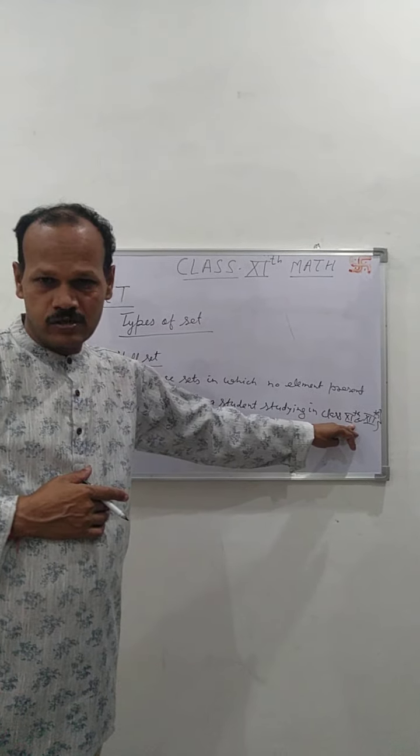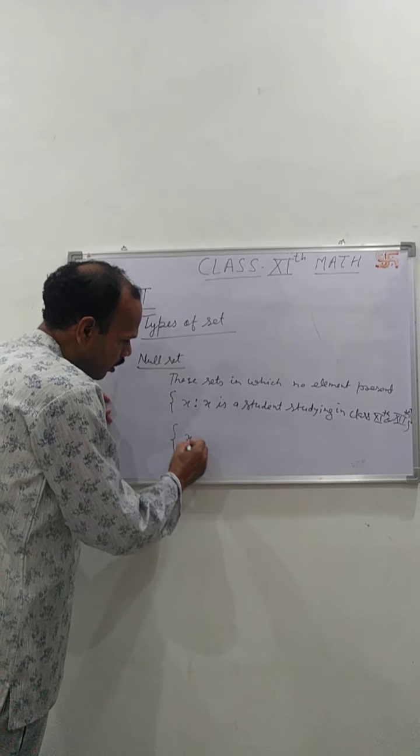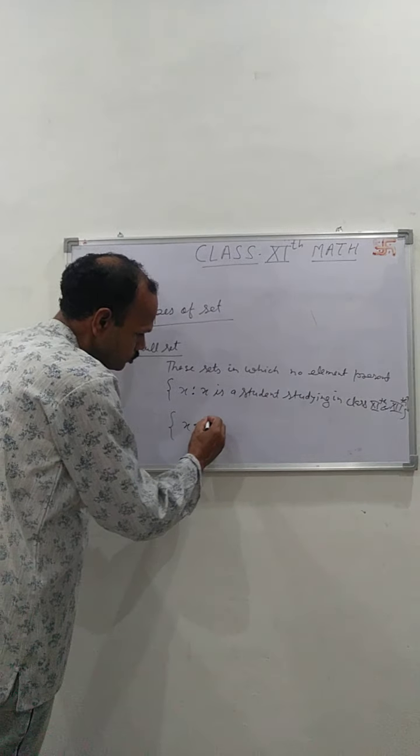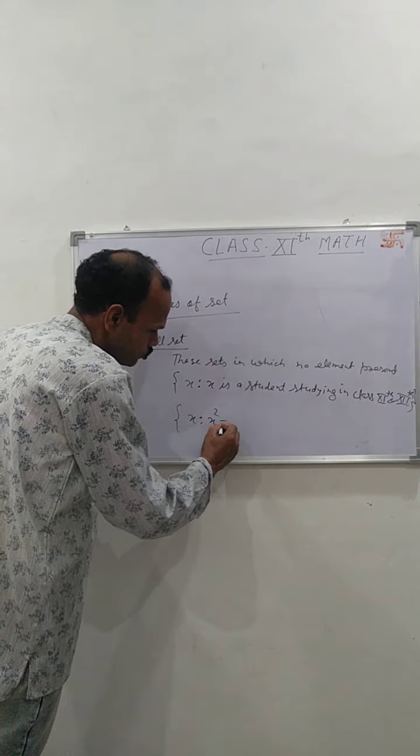But one student studying in both classes does not satisfy the basic condition, so we can say it is a null set. Another example we are taking here: x such that x square is equal to 4, x is an odd natural number.